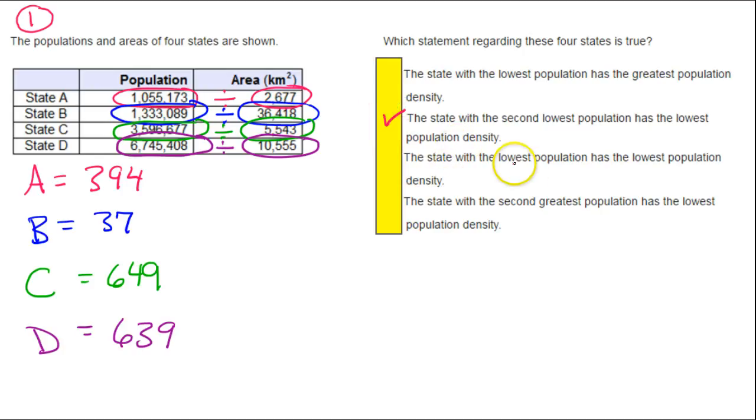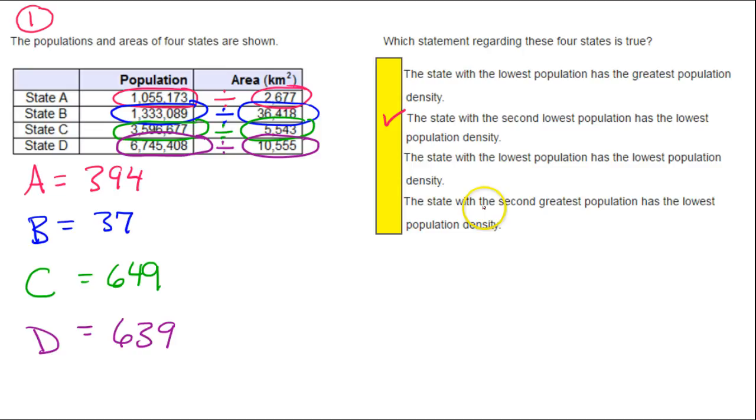Okay, the state with the lowest population has the lowest population density. Nope. State A has the lowest population, but not the lowest population density, so that's not true. The state with the second greatest population has the lowest population density.